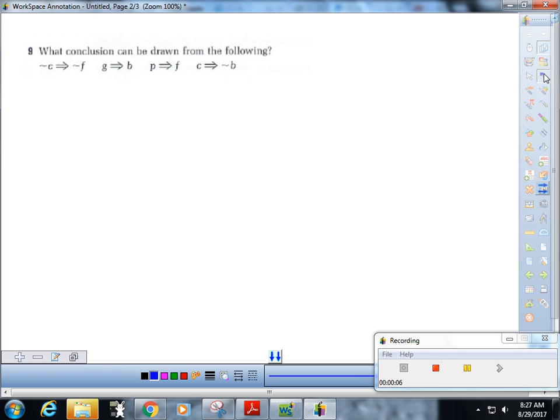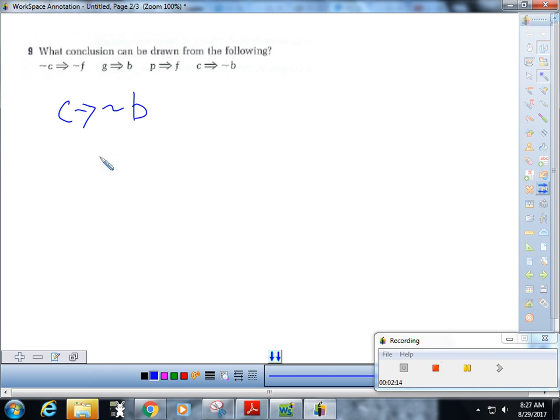So all it's asking us is to draw a conclusion. Let's see. C takes you to not B. Not B, can anyone tell me what not B takes you to? You see how you can go backwards there? Because of the contrapositive?